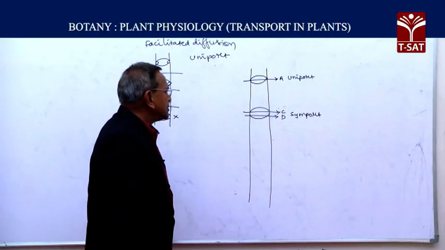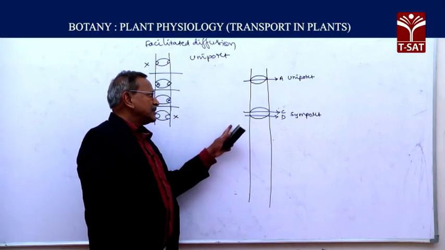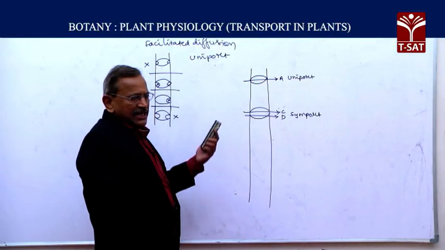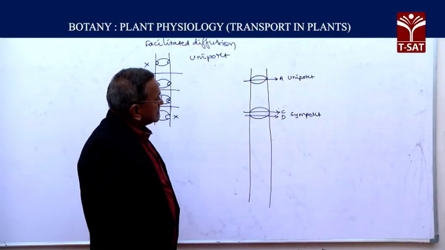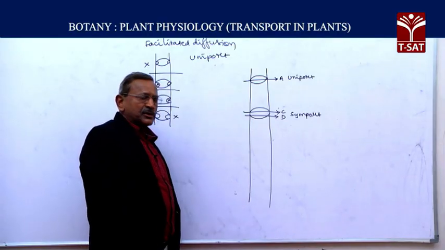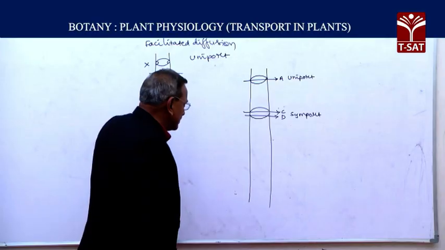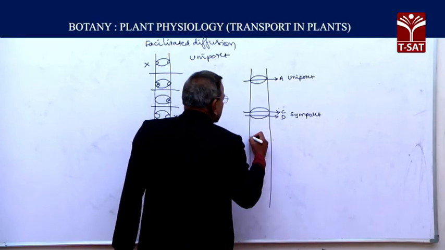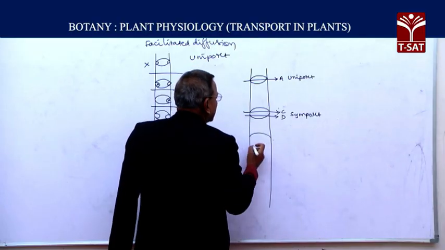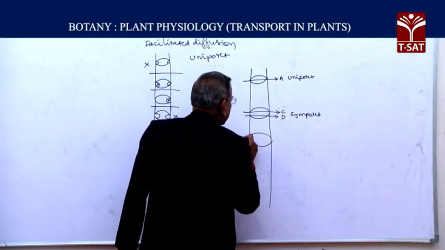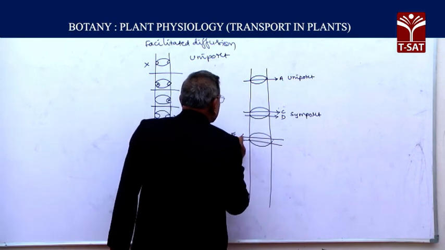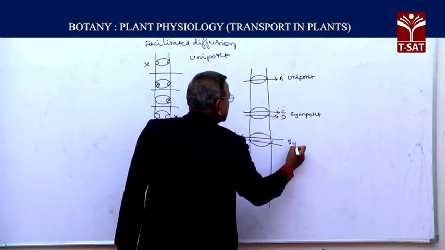When two solutes are transported by the carrier protein in the same direction, the transport is called symport, the transport protein is called symporter, and it may be from outside to inside or inside to outside, both ways. This also will be symport.